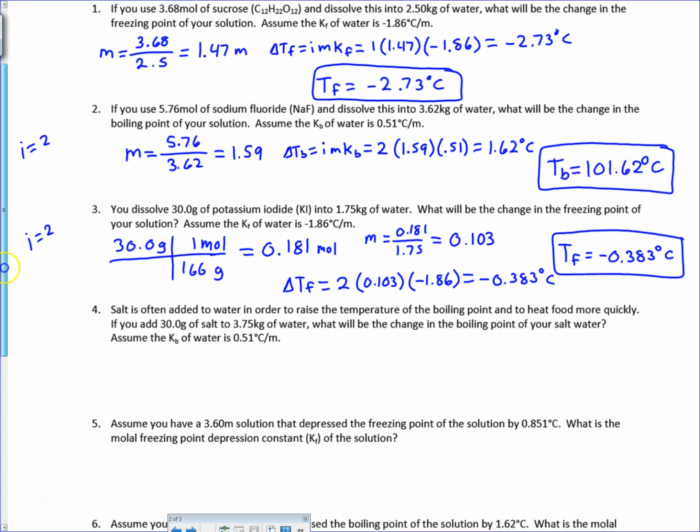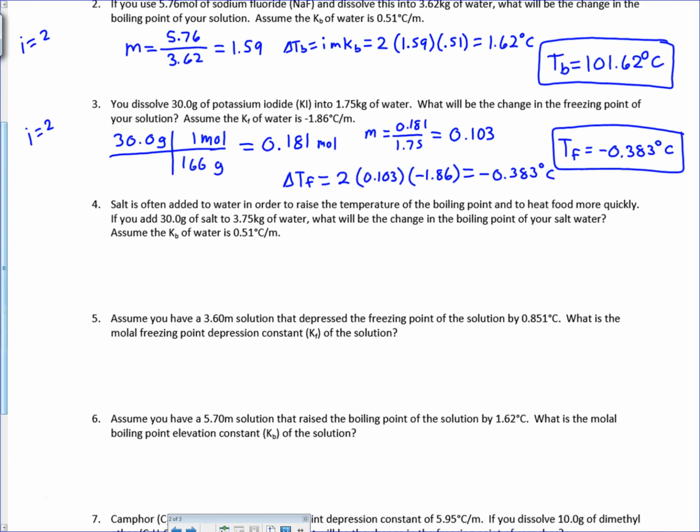Problem number 4, we're starting here, 30 grams again, this time 30 grams of NaCl. So we start here, 30.0 grams of NaCl, very similar to the last problem. In this case, 58.44 is the molar mass.